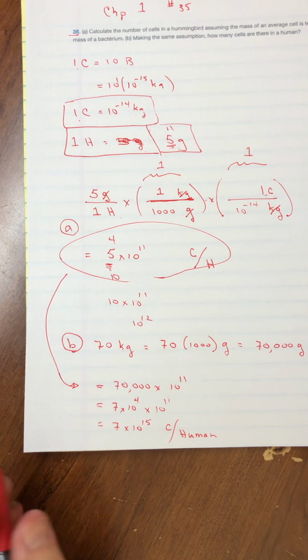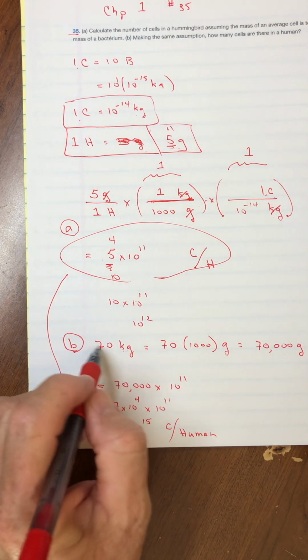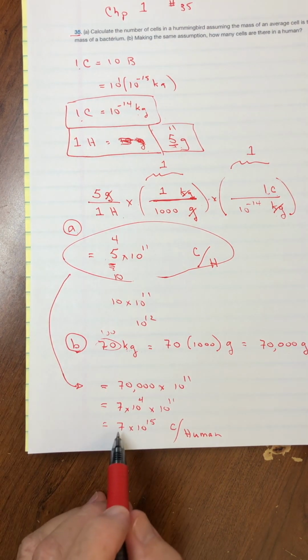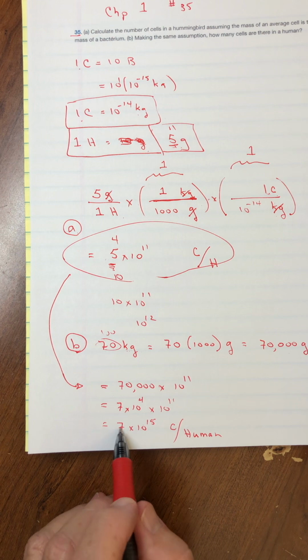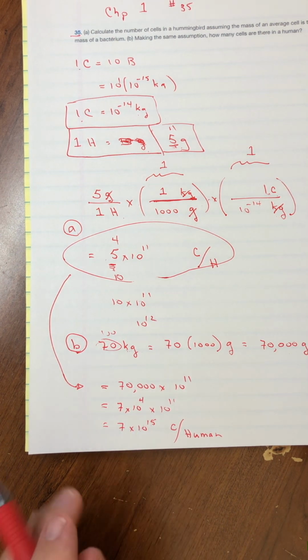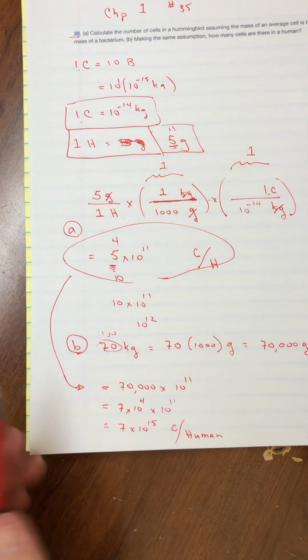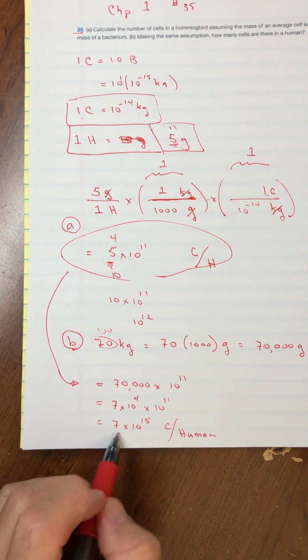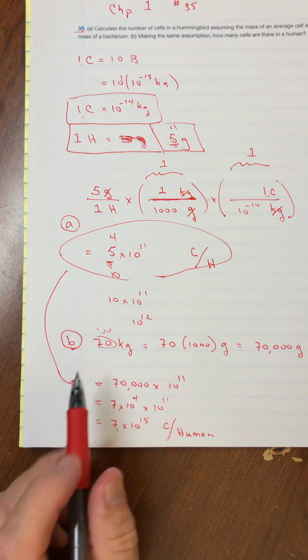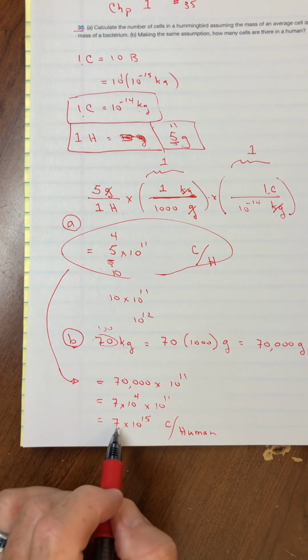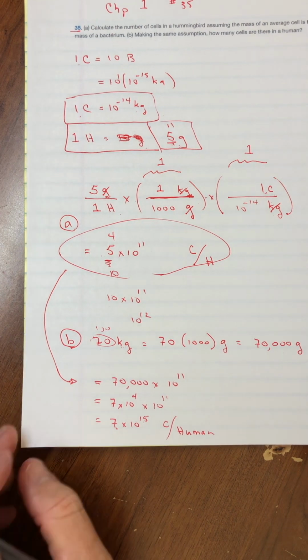And again, it would kind of vary. Bigger humans would be up here at 100 kilograms. And so that would now become a 10, and that would become like 10 to the 16th. Smaller people under 70 would, say 60 kilograms, this would be a 6. 50 kilograms, we're probably not an adult human at that point, maybe, would be a 5.